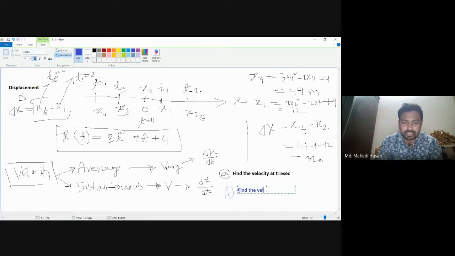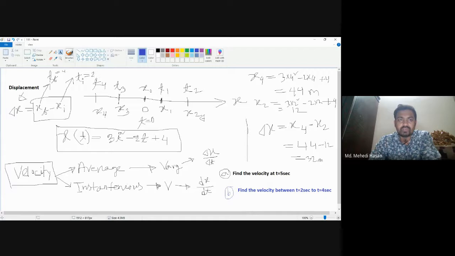Find the velocity between t equal to 2 second to t equal to 4 second. Okay, so you can easily find out the difference between these two. So the first one, velocity at t equal to 5 seconds.